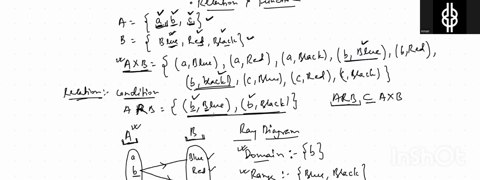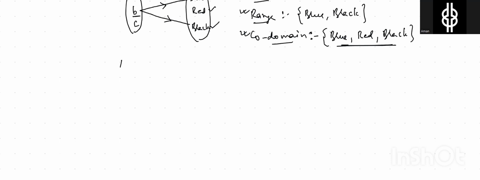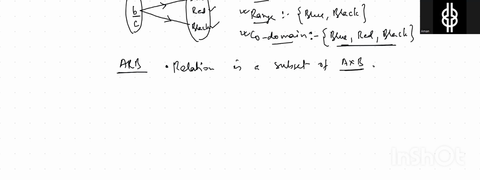It may happen that it's a proper subset also. All right, so this is a basic definition. The important thing that we need to remember is A related to B. The relation is a subset of the Cartesian product A cross B.